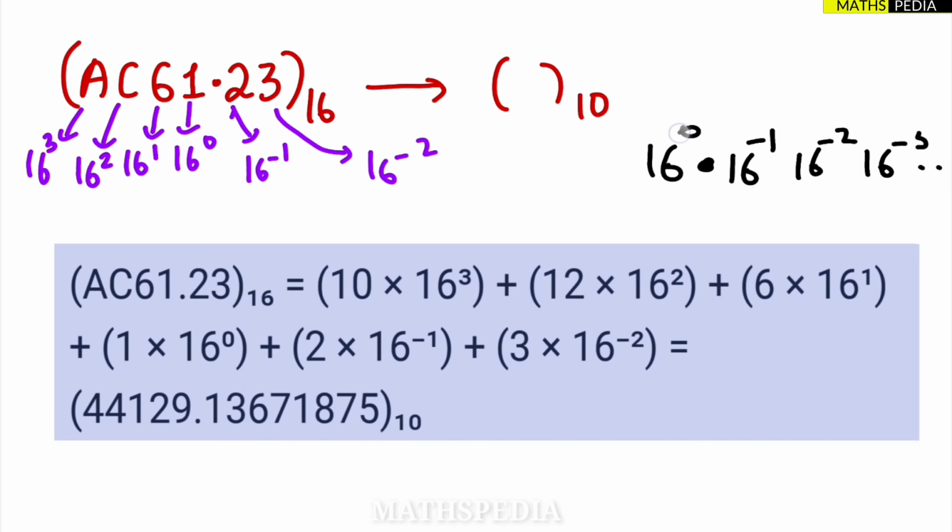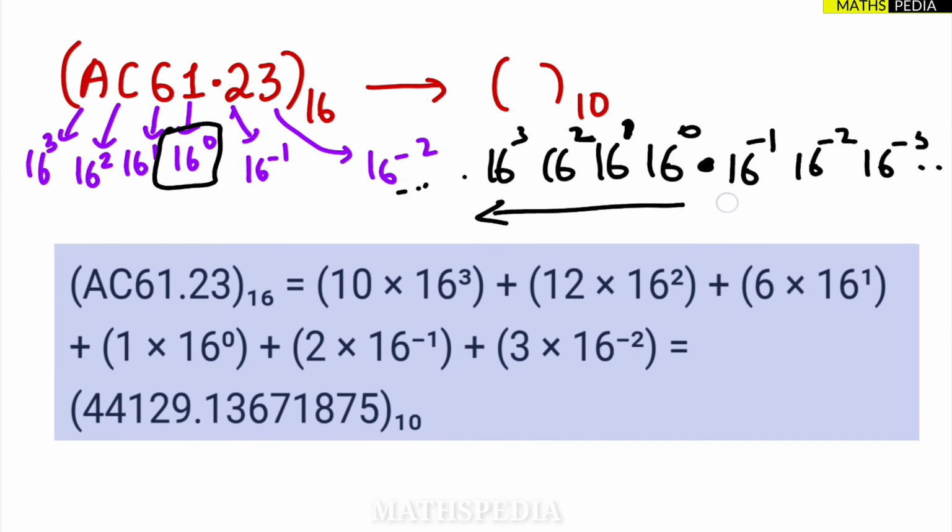Before the decimal point it is 16 power 0, 16 power 1, 16 power 2, 16 power 3, and so on. Okay, so from left of decimal point it starts from 16 power 0, right of decimal point it starts from 16 power minus 1.